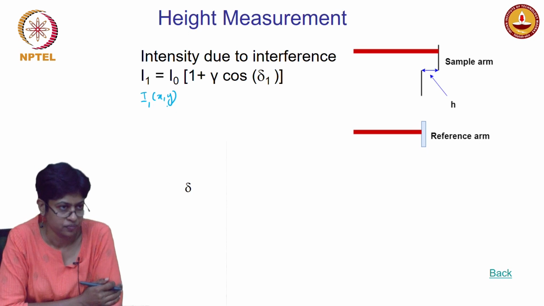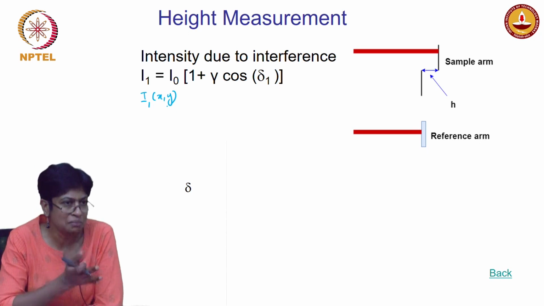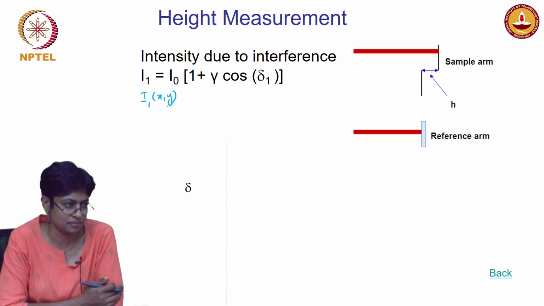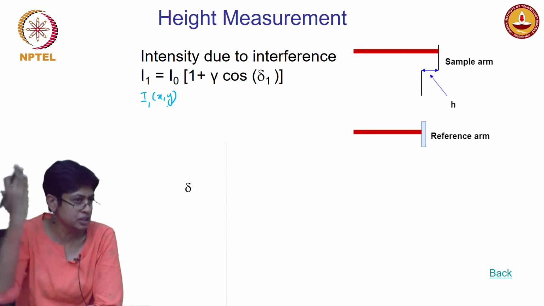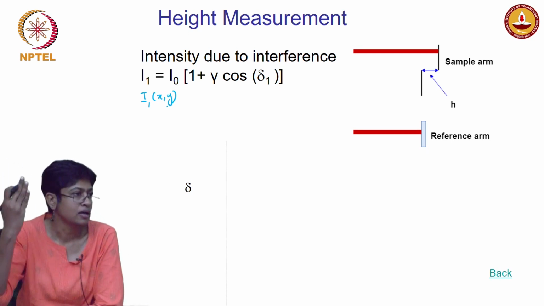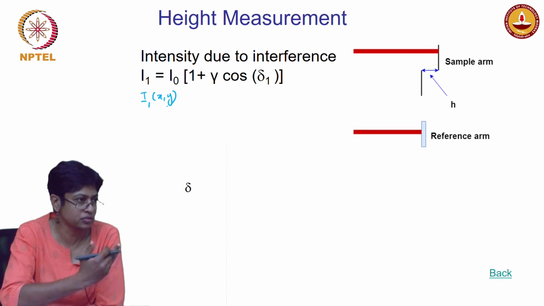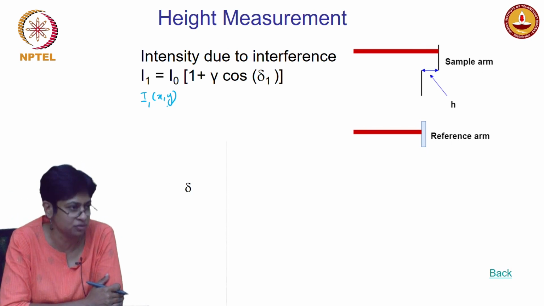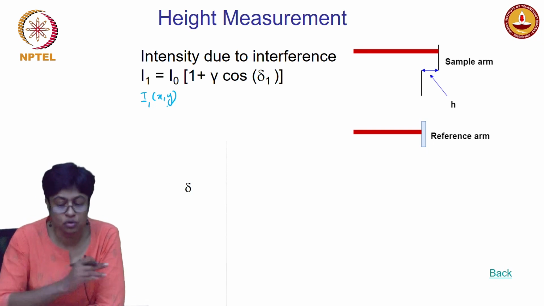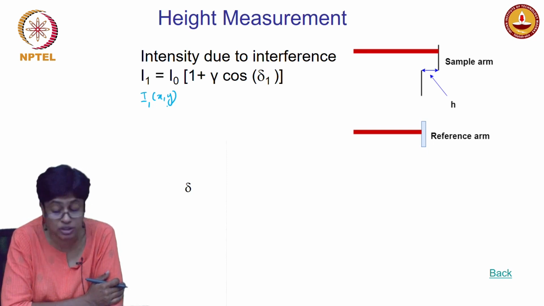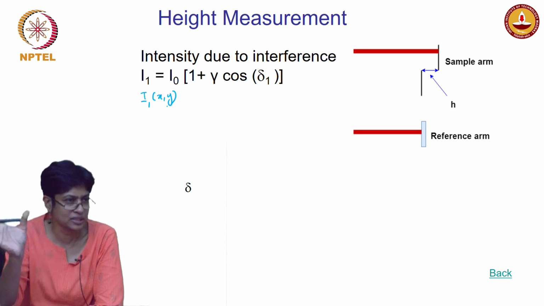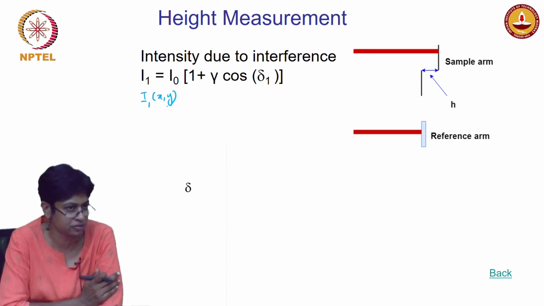So I have a camera image of an interference pattern. It gives me the fringes, the points of constructive interference, the places of destructive interference. Now say I wanted to measure a height. I have not drawn the whole interferometer here. I am just showing you the last part of the sample arm and the last part of the reference arm.